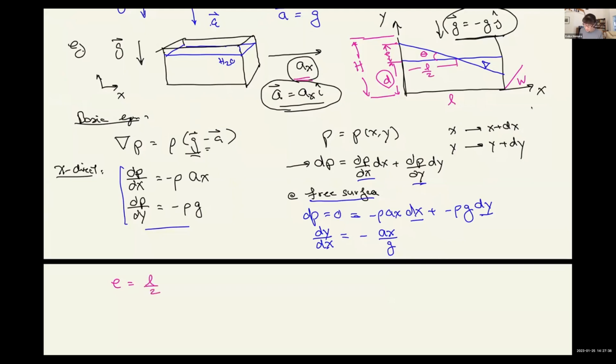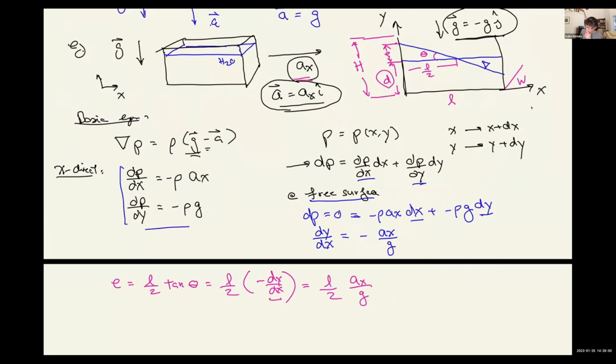So L over 2 tan theta is going to be L over 2 times minus dy/dx, so minus the slope, is equal to L over 2, and substituting in for this, we have a_x over g.